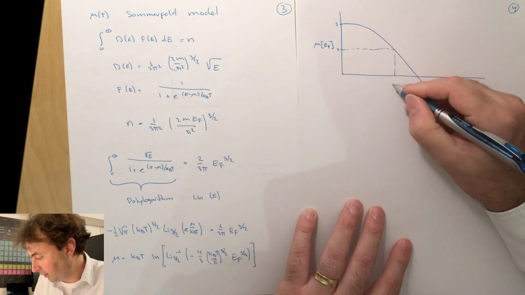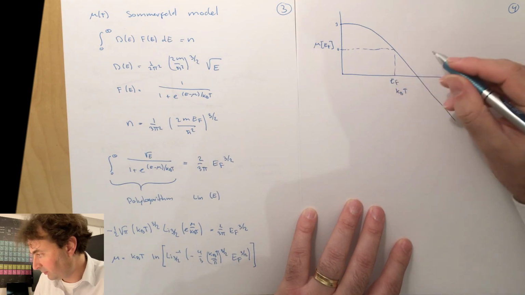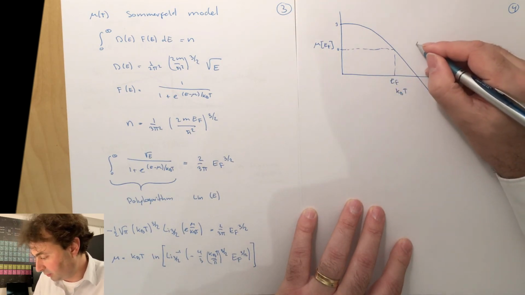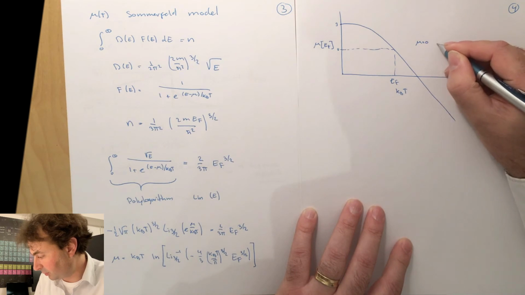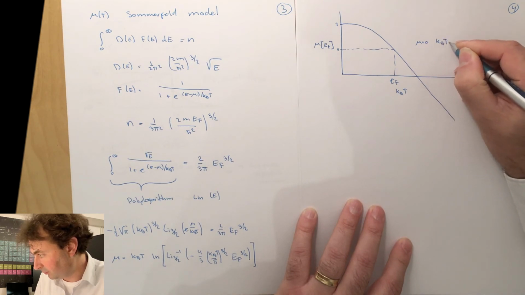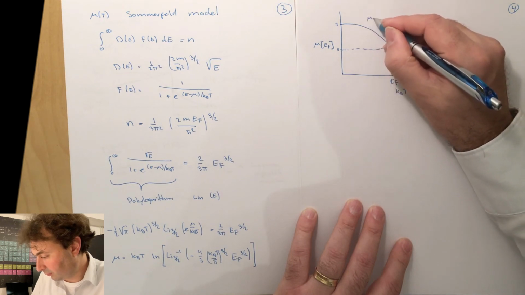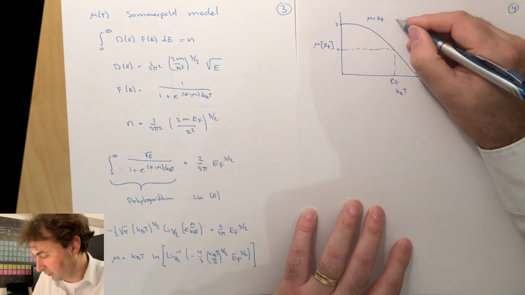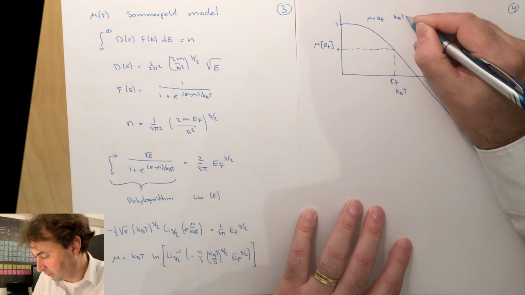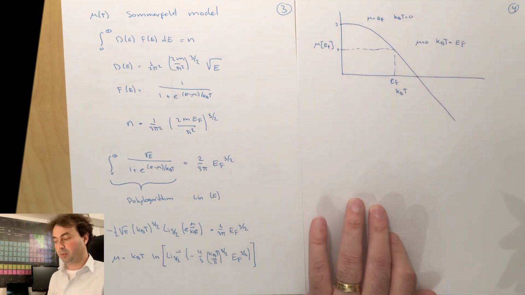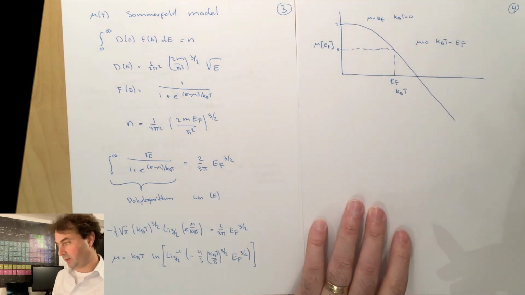And when your temperature is equal to the Fermi energy, the chemical potential drops to 0. And at 0 temperature, the chemical potential is your Fermi energy.